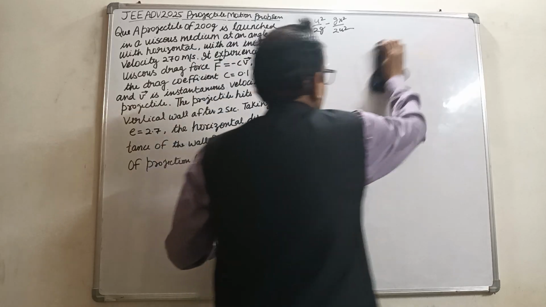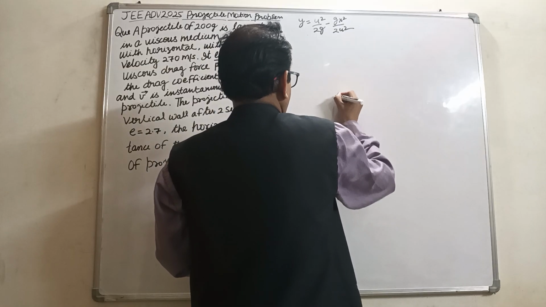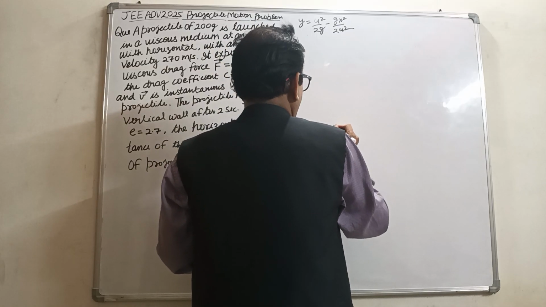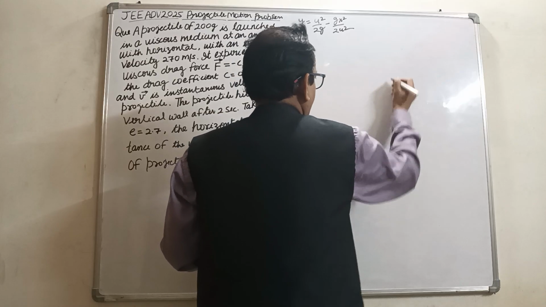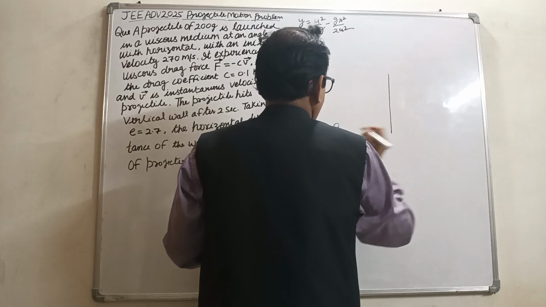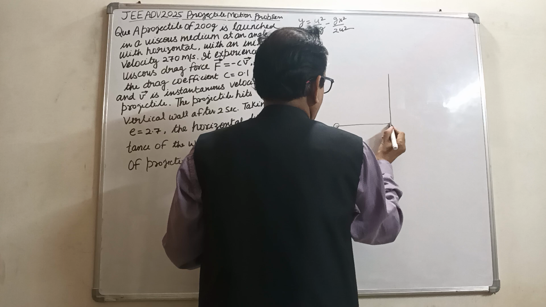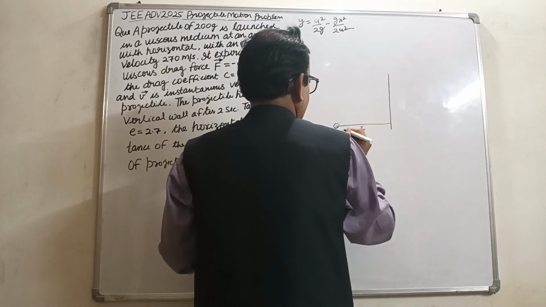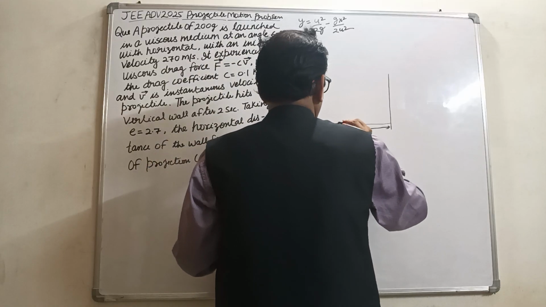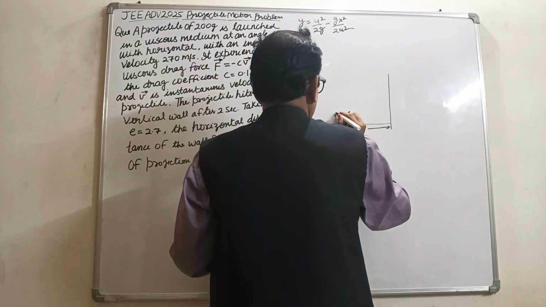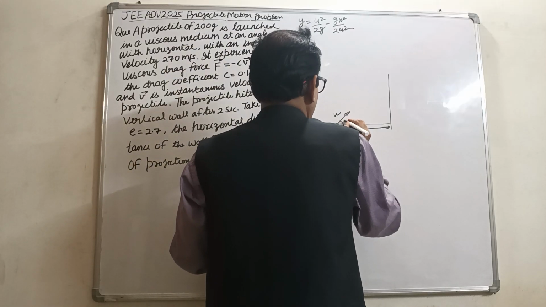Suppose here any object, any ball, and this is a ball here, and this is an x length distance here, and this length is fixed, and the velocity u is also fixed here, and this is angle theta.